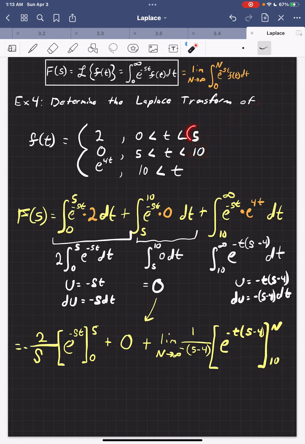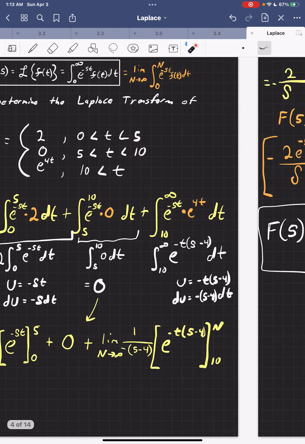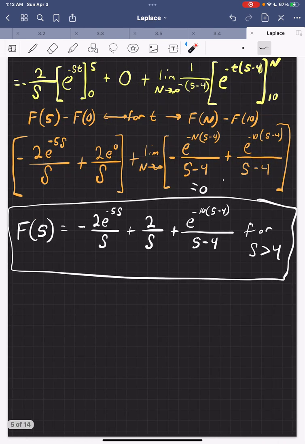So there's a jump discontinuity here at 5 and at 10, and let's go back and see that 5 and 10 are showing up in our Laplace transformation. Now, that also is interesting.